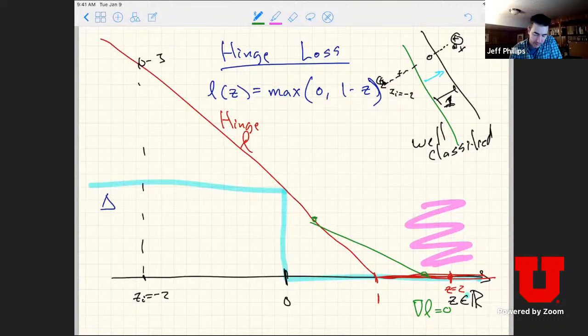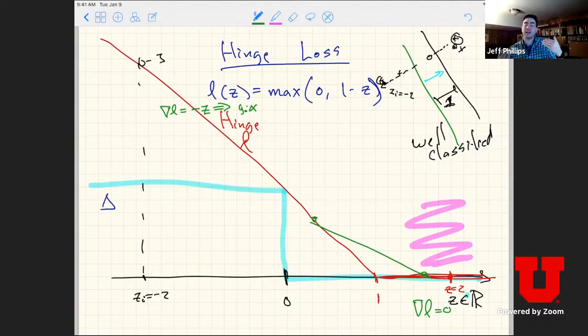And the gradient of L up here is going to be pushing it back in that direction. The gradient over here is well defined, and it's just going to be equal to -z, which is going to be yi of alpha.